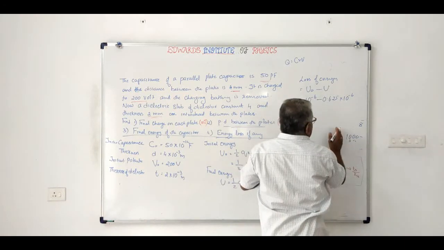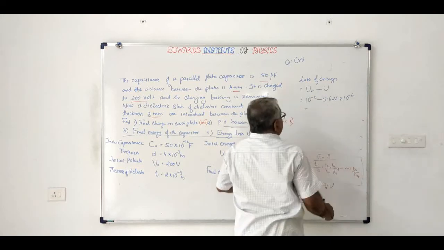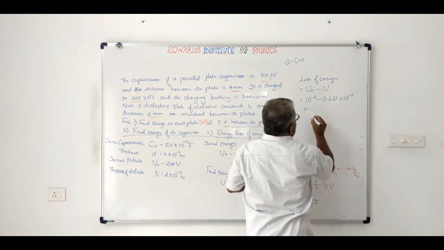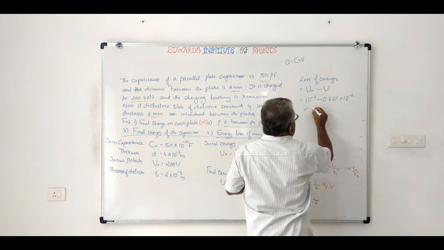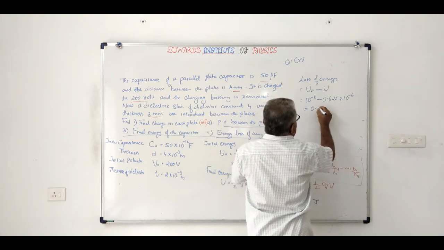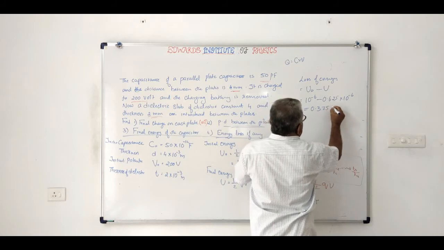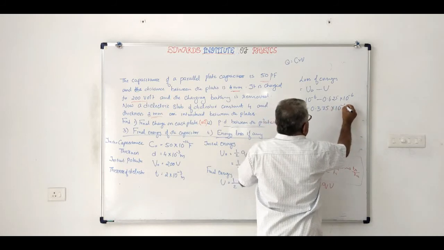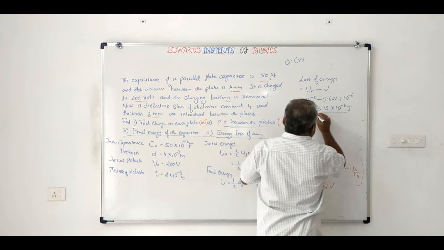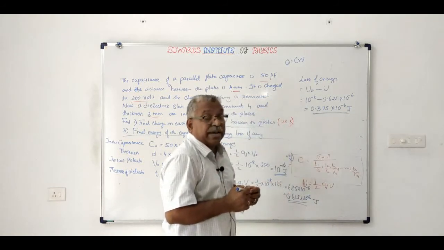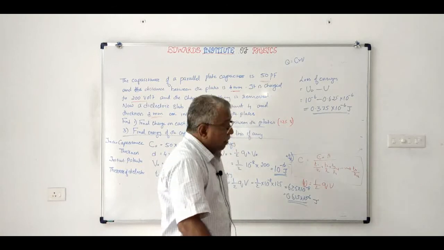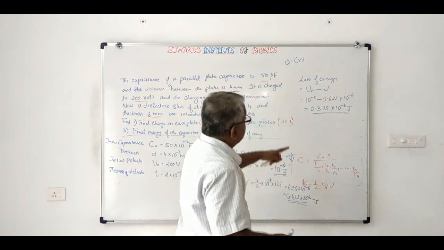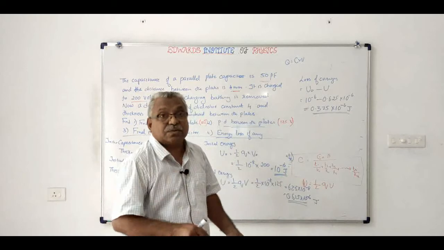That will be equal to 0.375 into 10 raised to minus 6 joules. This is the loss of energy. This much energy is lost during the transit.